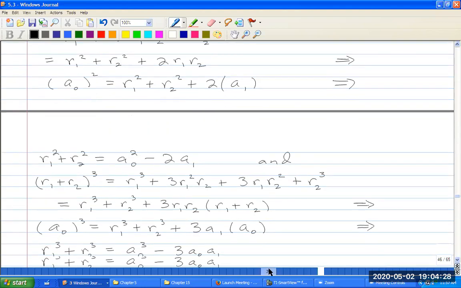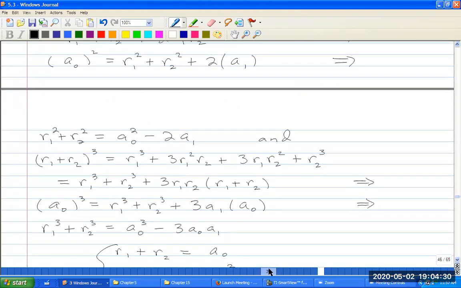And let's just look at the cube. (r1 plus r2) cubed is r1 cubed plus 3 r1 squared r2 plus 3 r1 r2 squared plus r2 cubed.